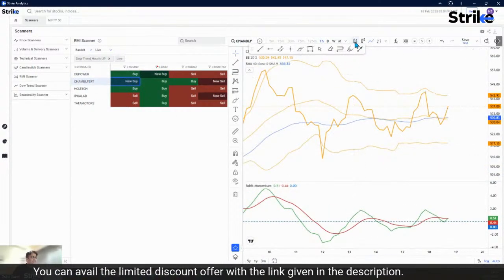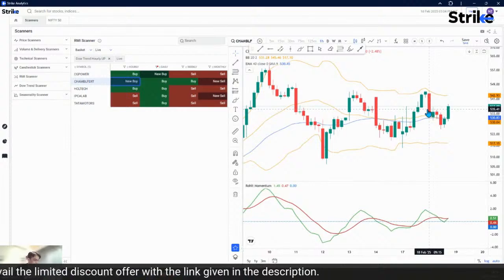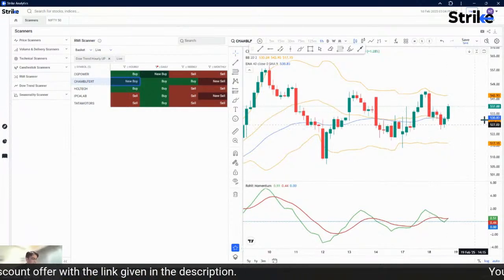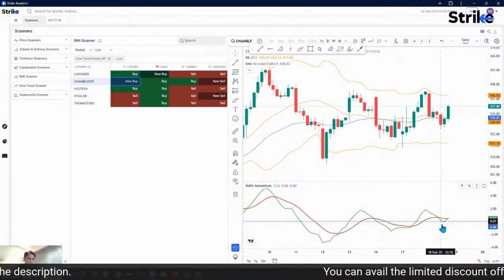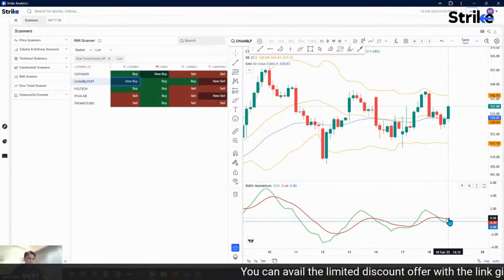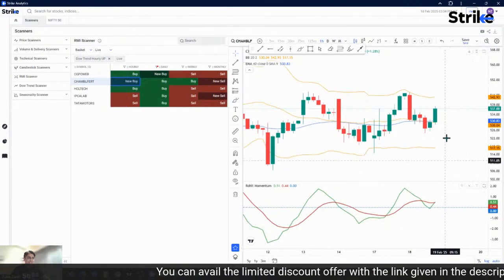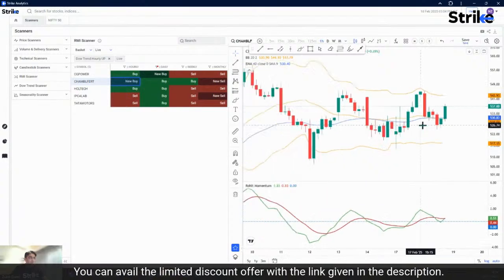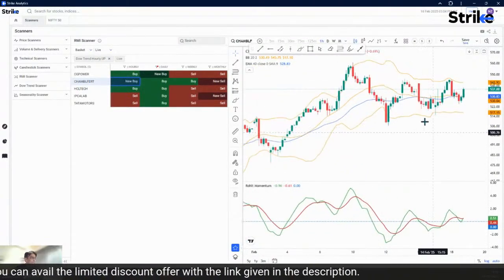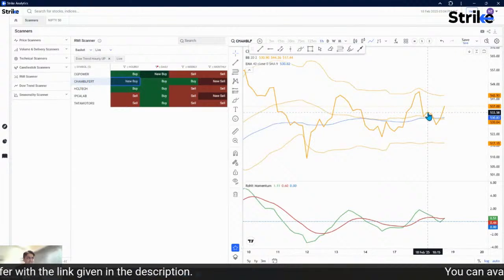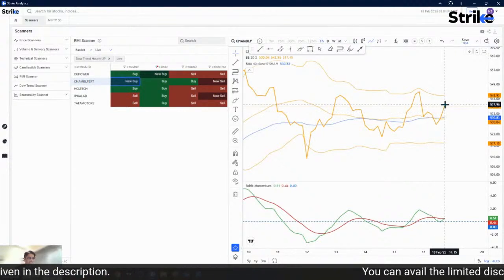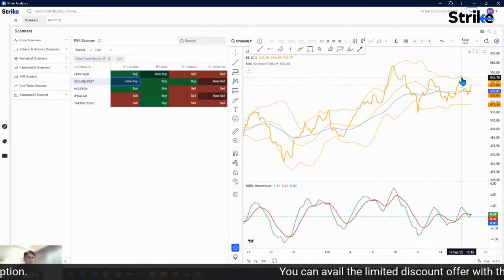All right, in Chambal, what is the scene? Chambal, when the RMI has gone below the zero line, has given a new buy signal. The prices are above the averages over here. When we are looking at the trend, again, there is this minor trend which has just been breached, but a major top over here is this particular point.